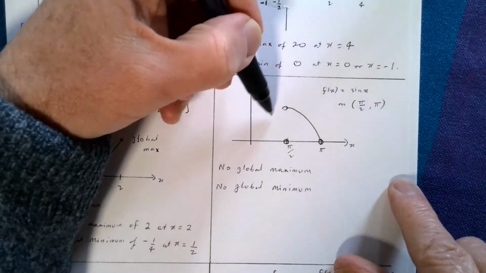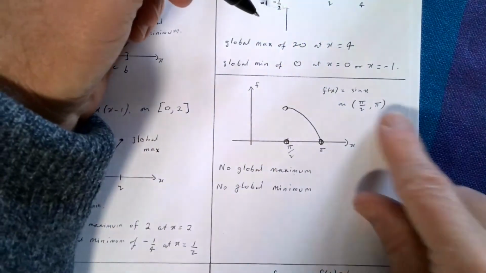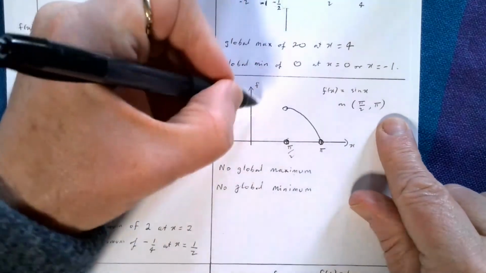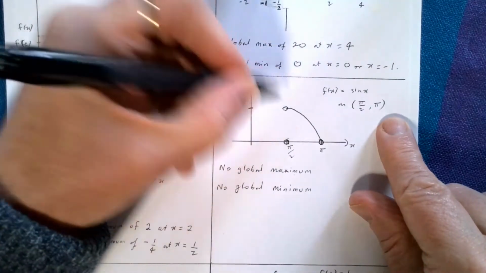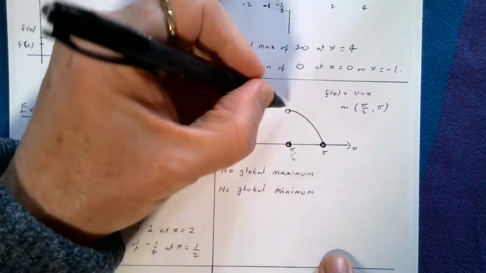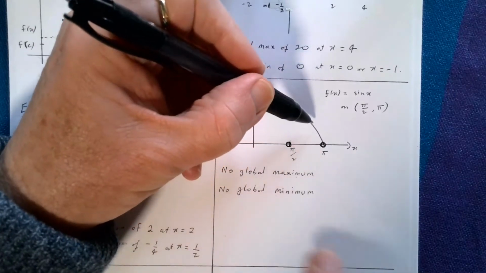So sine x would normally come up like this and then continue on. We're only drawing it on this open interval between pi on 2 and pi. So this of course would be 1 if it reached there. It's an open interval, and so we've got open circles here. So it's got no global maximum.